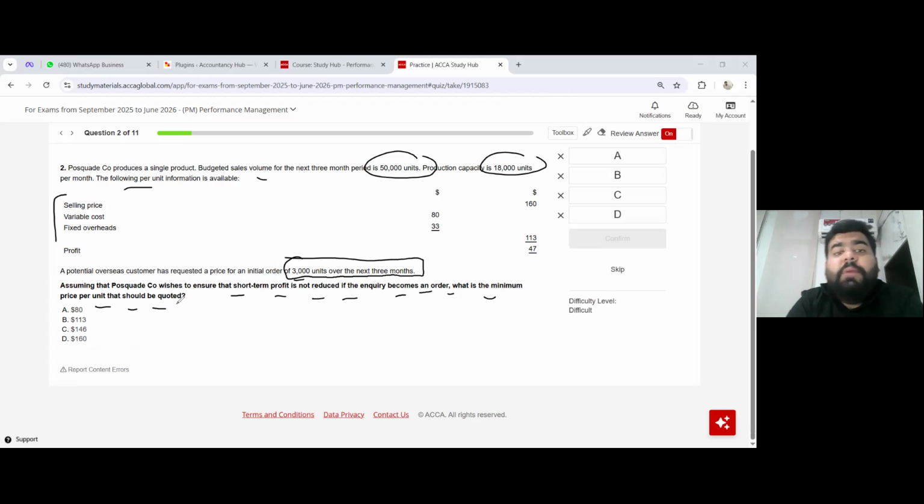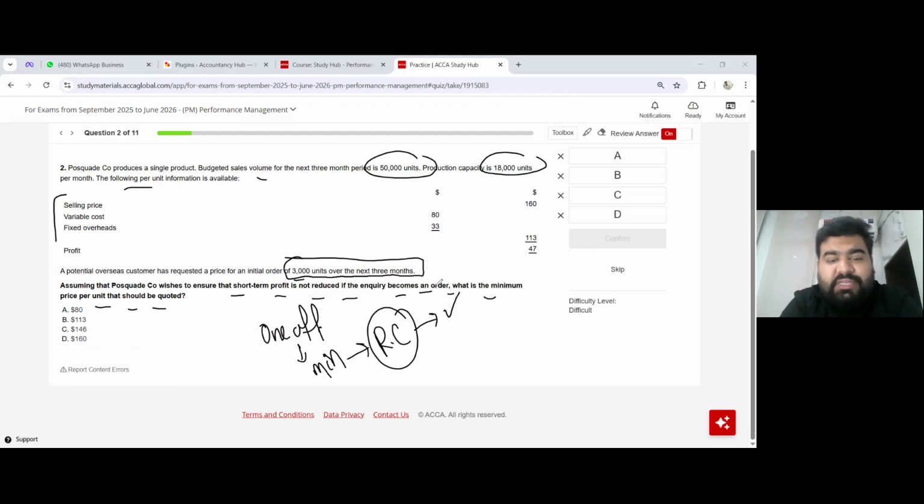It's the concept of a one-off contract, in which we have one customer and we have to offer a minimum price. We have discussed in one-off contracts that the minimum price for any order will be the relevant cost of that product.